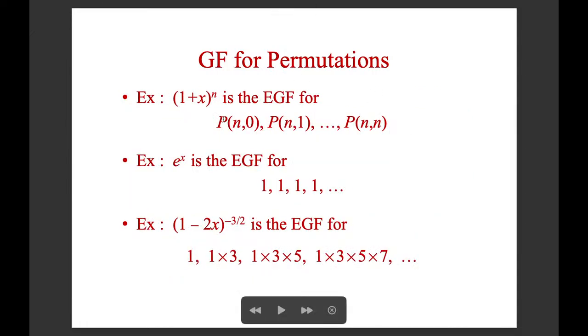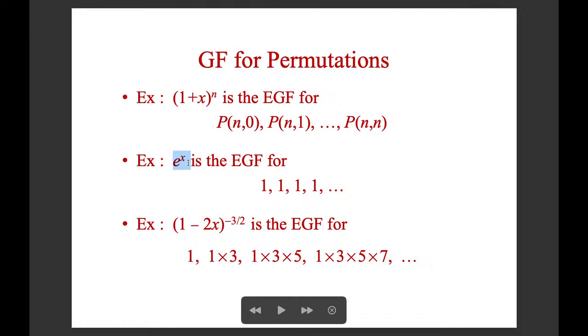So for instance, let's double check our understanding with an example: (1 plus x) to the power n is exactly the exponential generating function for this one. What does that mean? The coefficient of x to the power r is exactly the r-th term here divided by r factorial. Is that okay? And similarly, e to the power x.